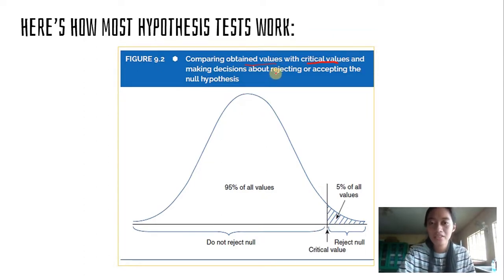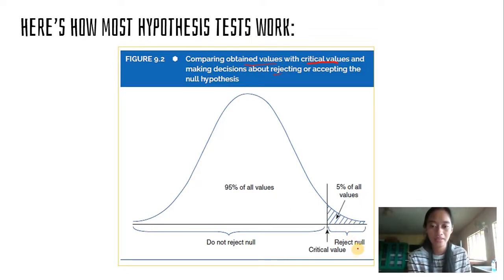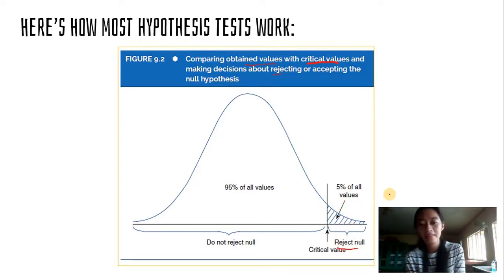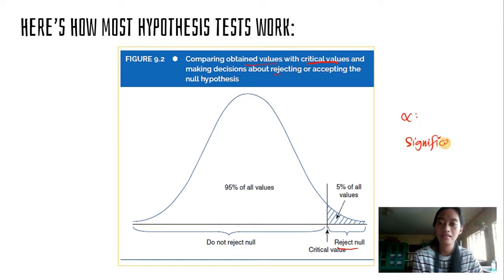It is just to reject or fail to reject the null hypothesis. In this example, we have the critical value at this point, where 95% of all the values are true, and 5% of the values would say that you can reject the null. So we also have to remember our significance level. What is that? Your alpha, or your significance level, if you still remember.